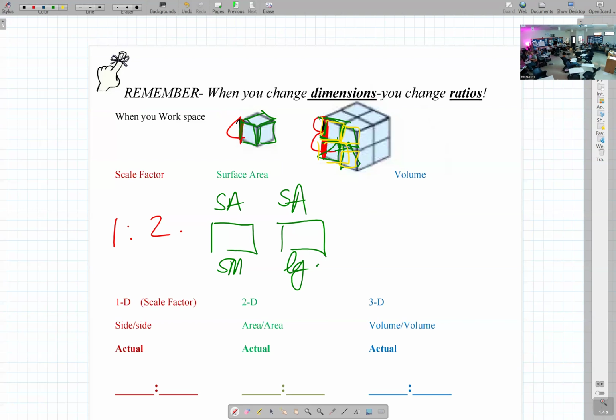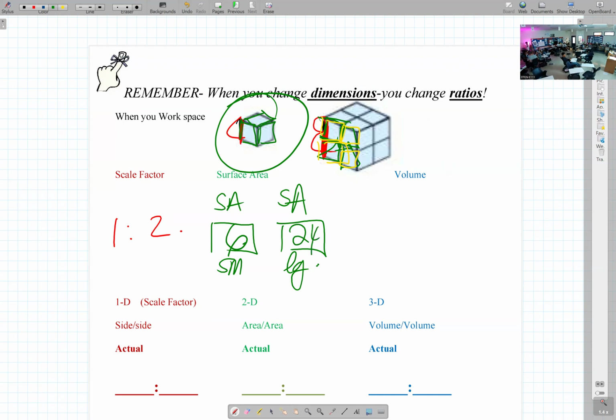How many? 24. Okay, so going this way, Nico, how many physical squares are visible in the small one? Try it again. Count. That's why you have physical things to touch. 6. Great. Lucas, how many squares do you see on the larger? Visible. You just counted. 24.